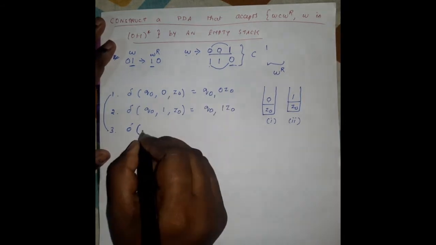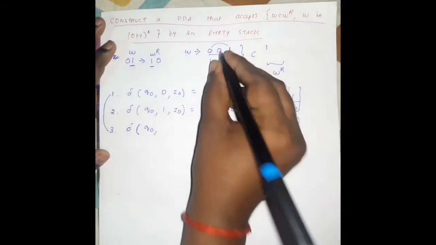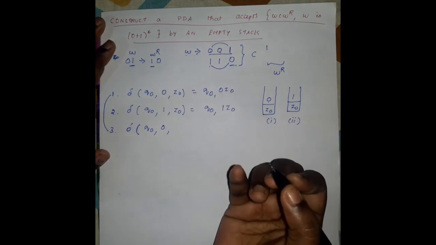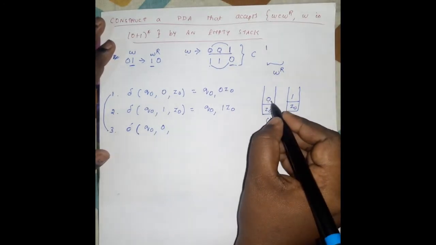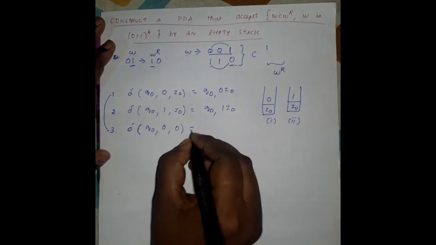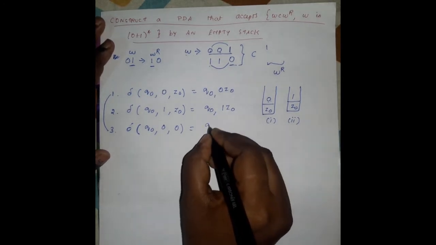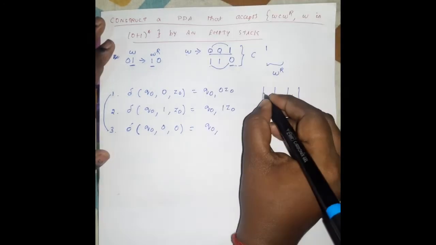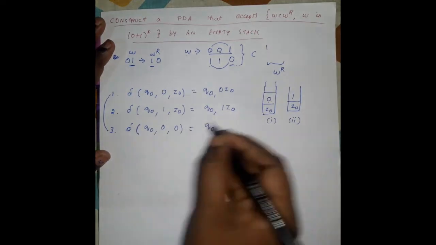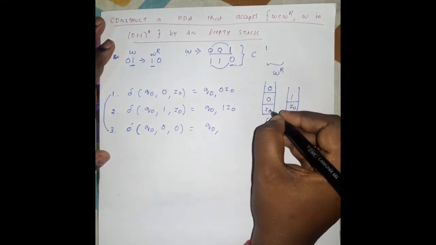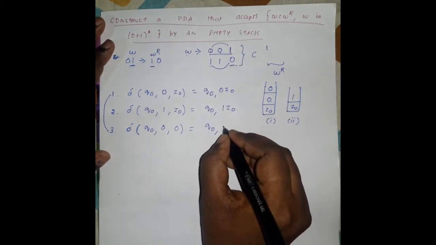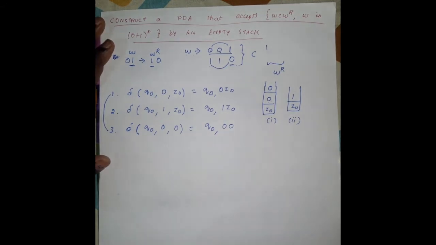Here the current state is q naught, the input symbol is 0, and the top element is 0. This is also a push operation, so the state remains itself. After reading the input symbol 0, the stack has 0 0 z naught, so I write the top of the stack elements as 00, right?